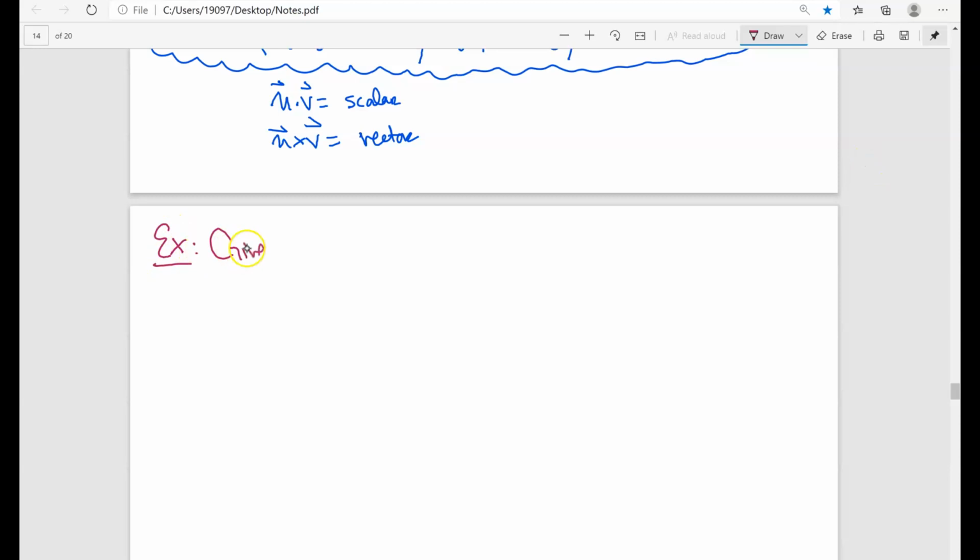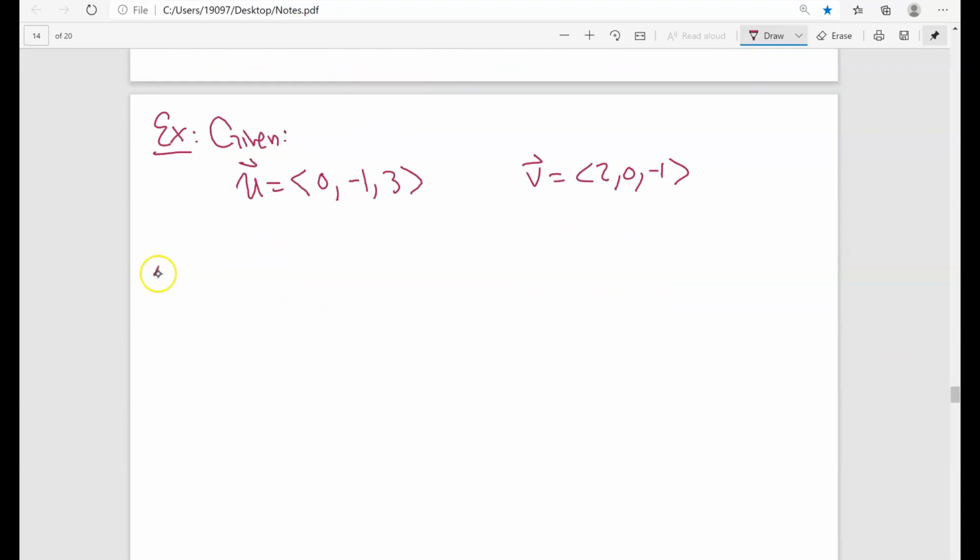Given the following, u is equal to 0, -1, and 3. And then vector v is equal to 2, 0, -1. Okay, so this is how u cross v is going to work. I'm going to cross the two vectors together. The way that I'm going to do it is the following. The first row, what we're going to write is i, j, and k.